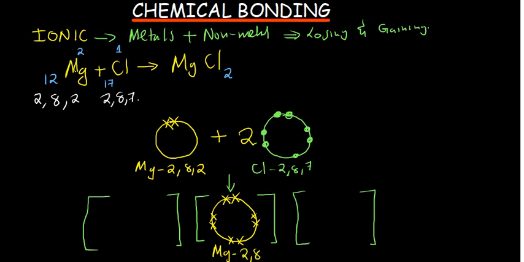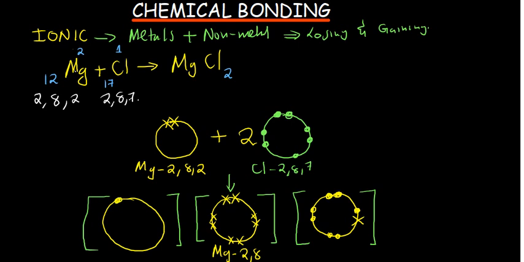And then the chlorines, remember this one has lost 2 electrons. So one of those electrons it has lost. First, let me write the electrons already present, which are the 7 of them. So one electron which the magnesium has lost is going to come here. And then the other one, remember it lost 2.